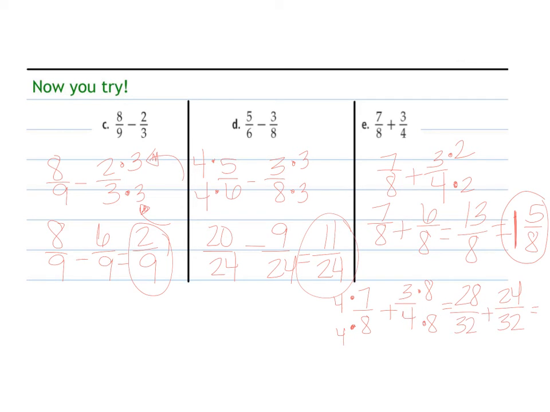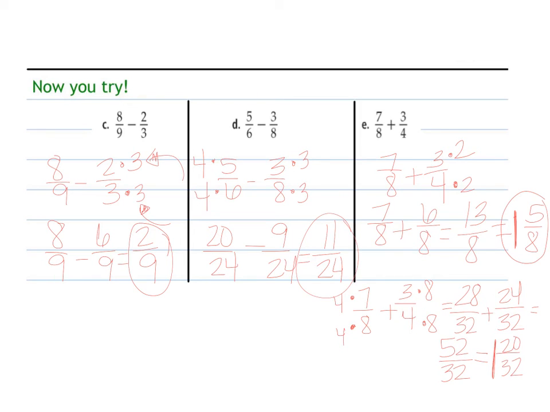And then 28 plus 24, I know 28 plus 20 is 48, plus 4 would be 52. So 52/32nds would also be the same as 1, and then 32 goes into 52 one time, so 1 with 20 left over.